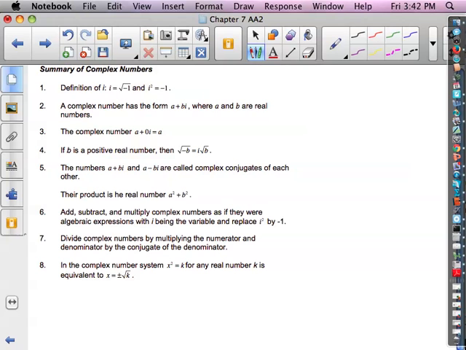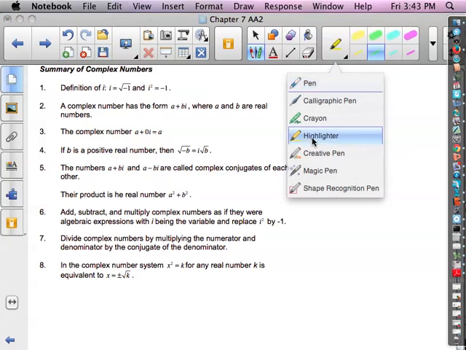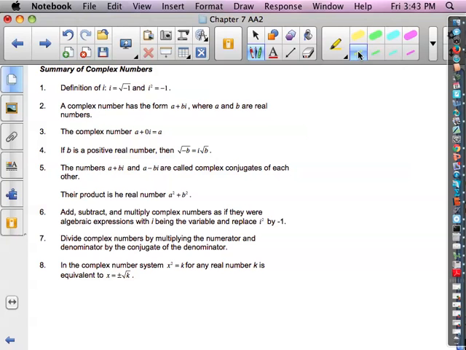Okay, so a summary of complex numbers. By definition, i equals the square root of negative 1. i squared equals negative 1.